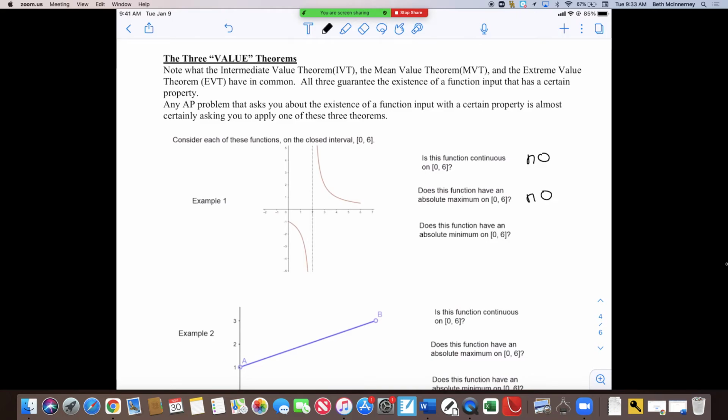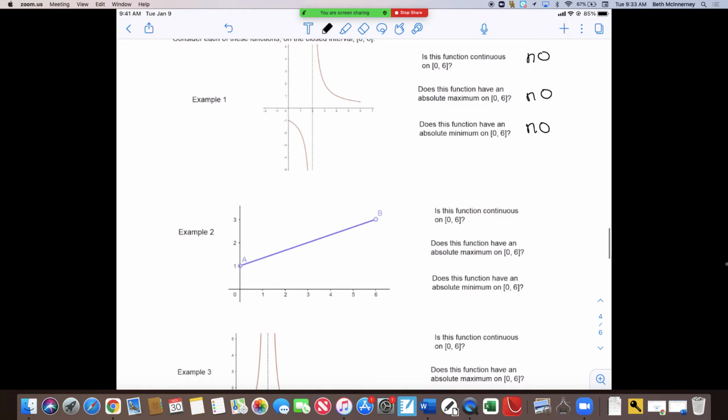No. Does it have an absolute minimum? No. In example 2, is this function continuous on the closed interval? No, because of those open endpoints. Does the function have an absolute maximum? No. Does it have an absolute minimum? No.